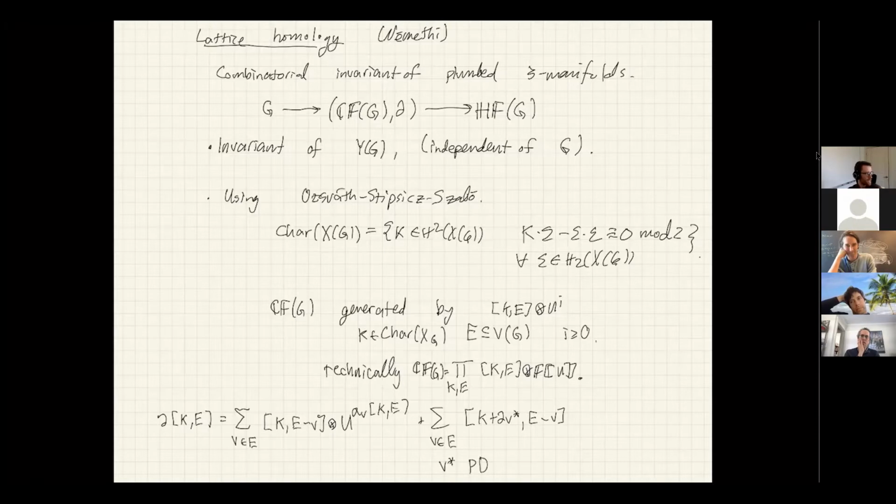The vertex corresponds to a two-sphere in this manifold XG. XG has a description as surgery on this link, so you can take the core of the two-handle corresponding to the vertex, or to the knot component corresponding to the vertex, and you get a two-sphere. V star is the Poincare dual of that two-sphere.